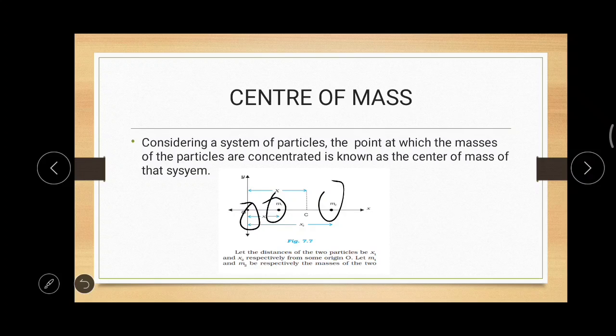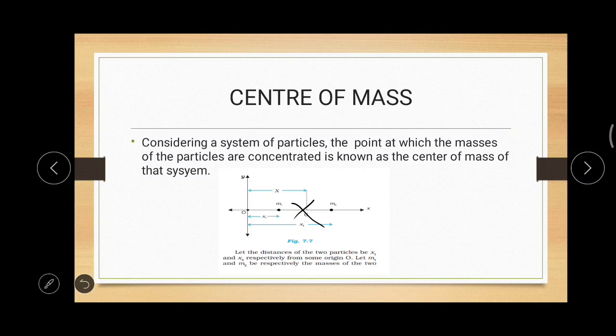So the distance of particle m1 from the origin is x1, and the distance of the particle of mass m2 from the origin is x2. Now you have to find the point at which the center of mass is situated.